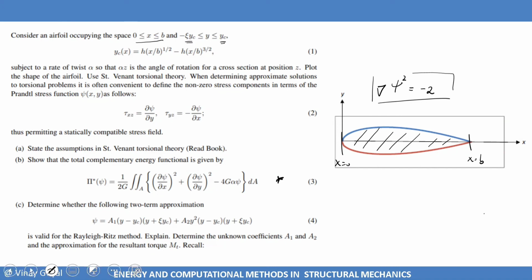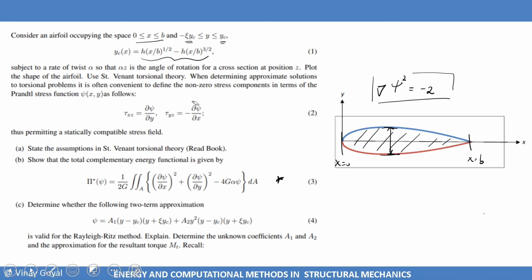This is the boundary of y, so y goes from this side to that side per that relationship, following this equation, and h is known. And here, notice how the stress definition I have has no G alpha. That's okay. That was for me to have.